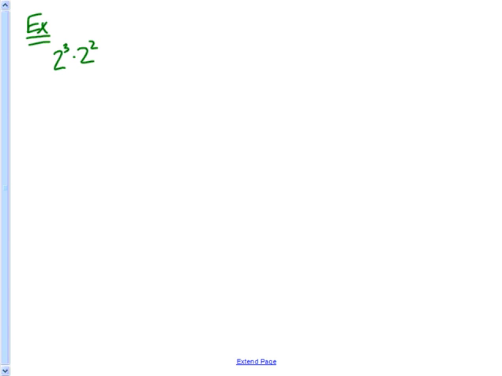So this is now looking at product of powers. Notice their bases are the same. So applying the product of powers property, that's 2 to the 3 plus 2. In other words, 2 to the fifth, which of course is 32.